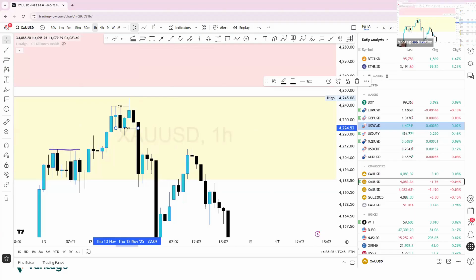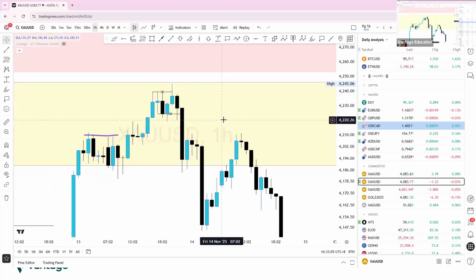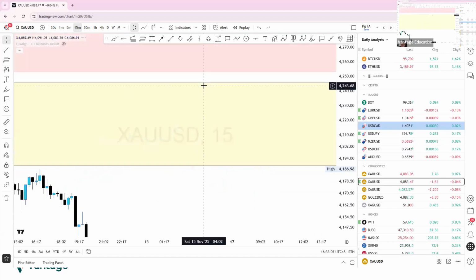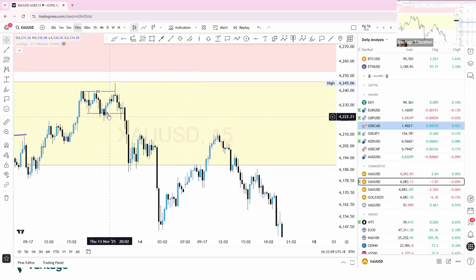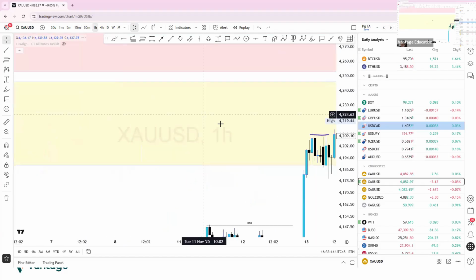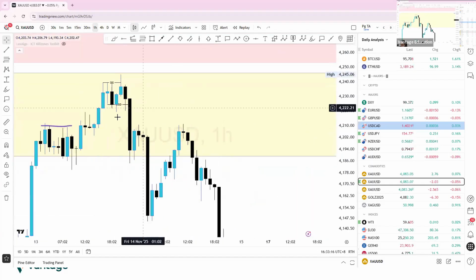Yes. CISD in ICT. The change in state of delivery, okay, right here. And also, price is also closing, maybe like seen here already. Price also closing with the change of character.